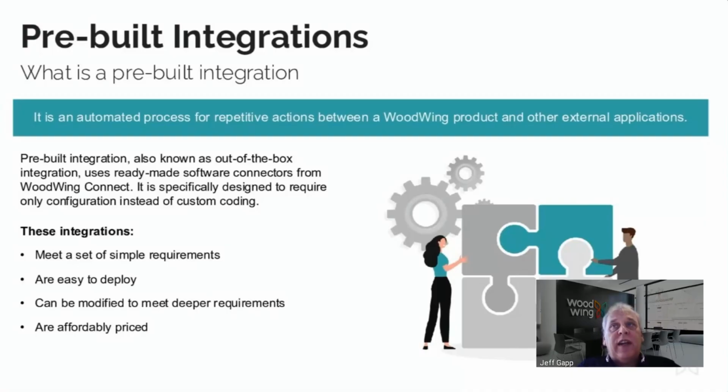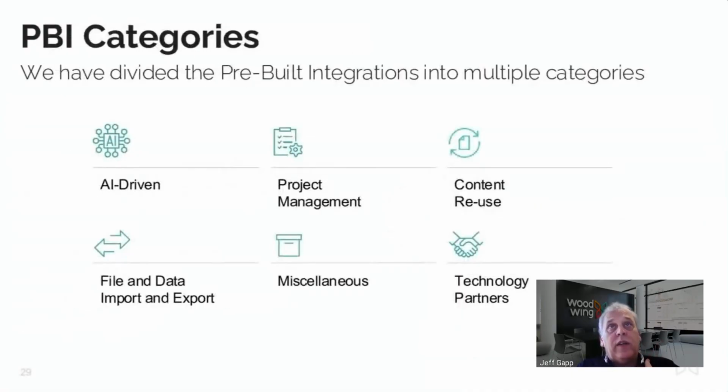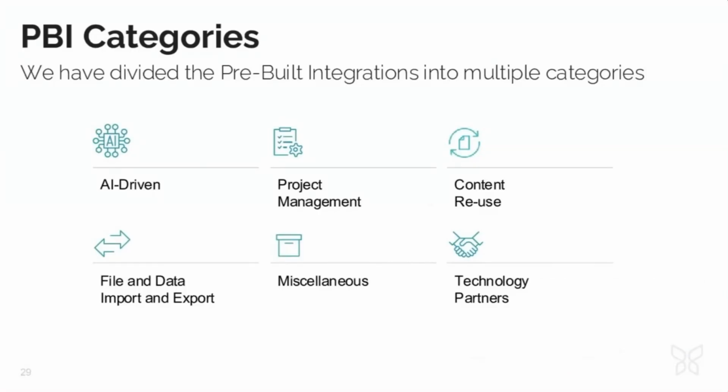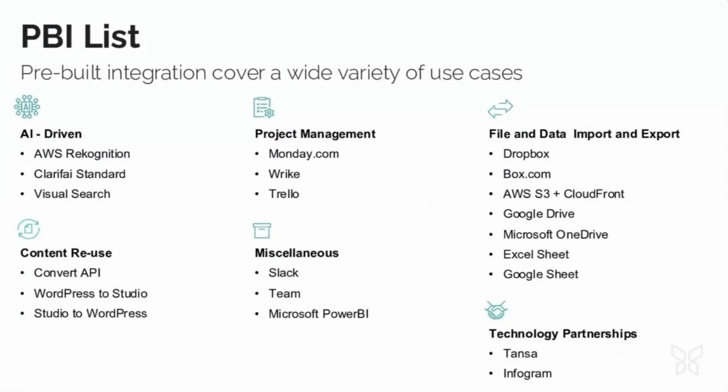When we built these, we selected a group of categories within the PBIs. So things that are AI driven, project management, content reuse, file data, miscellaneous, and technology partners. Then from there, we said let's pick a variety of different vendors to work with and base what we're building off of customer requests over time.